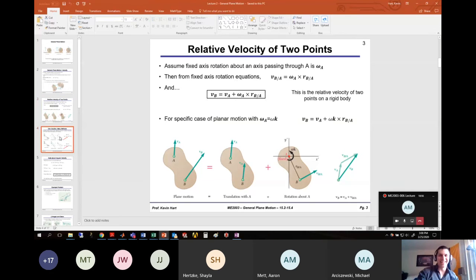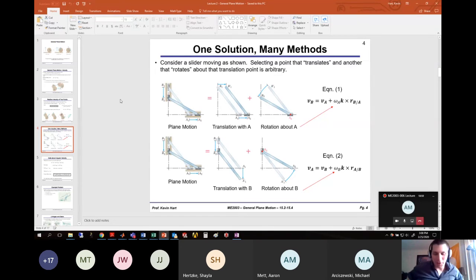Okay, right. So when we think about this plane motion, let's consider a situation where we might have a rigid body, which is this metallic rod here, connected to sliders at points A and B on either end. Now we can consider the rigid body motion as the motion of this slider being the translation plus fixed axis rotation in one way, or we could think of it as translation down and fixed axis rotation about the other point.